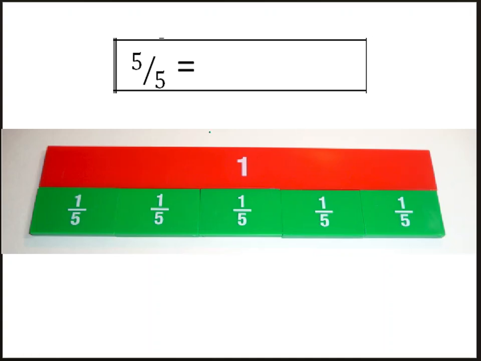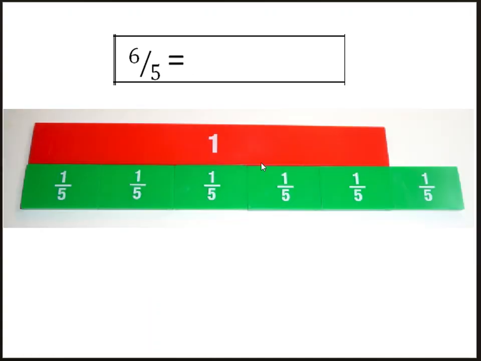Next, 5/5. Come on, kids. You know what that equals. 1. Look at the picture. 1/5, 2/5, 3/5, 4/5, 5/5 is the same length as this red piece, which is equal to 1 whole. Anytime the numerator and denominator are the same, it equals a whole. 6/5. Gee, well, 6/5 is easy.